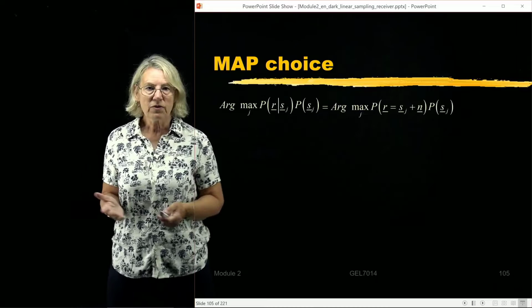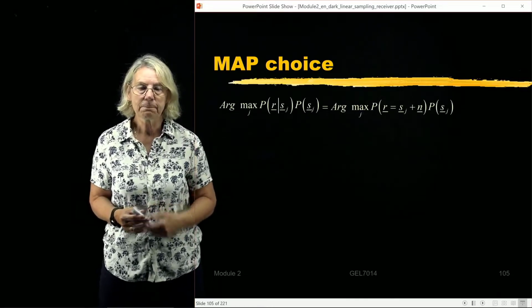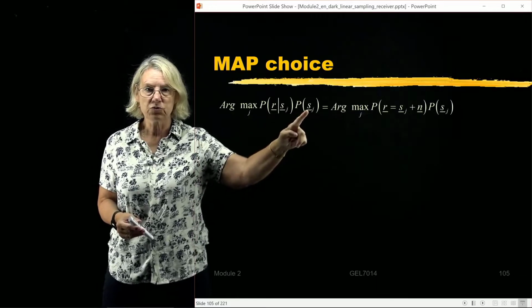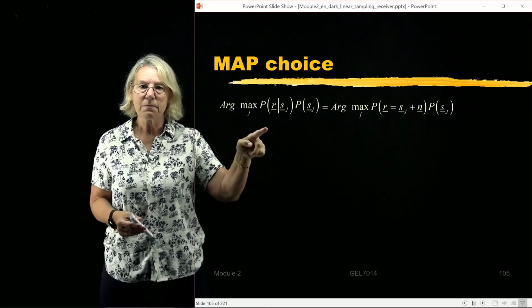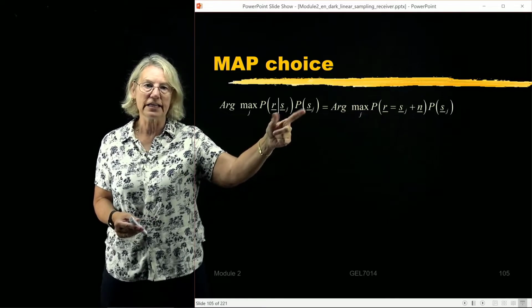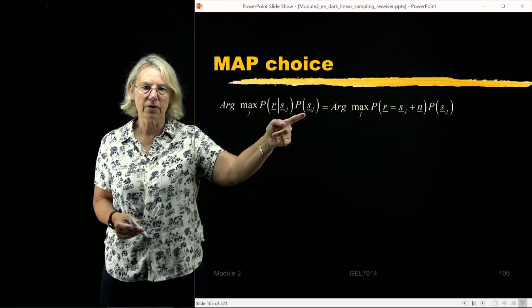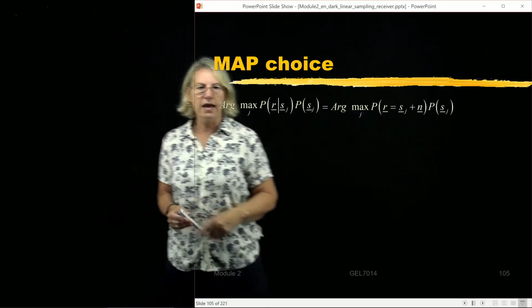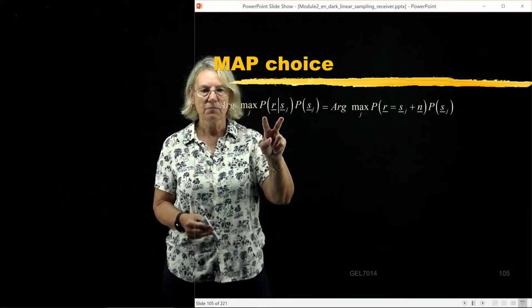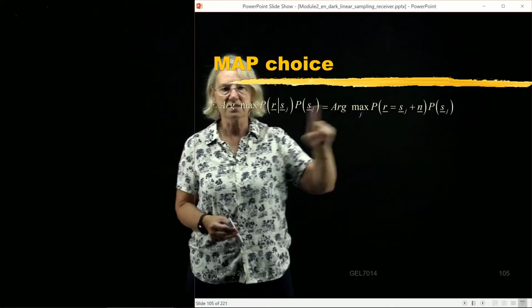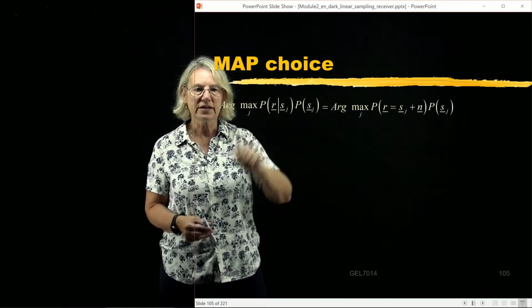So let's start with the MAP choice. We're looking for the argument, which one of these j's, which one of these symbols, maximizes this weighted expression for the likelihood: the a priori probability times the likelihood function. Again, this conditional probability is just the probability that the received vector is equal to the noise plus this particular transmitted symbol.